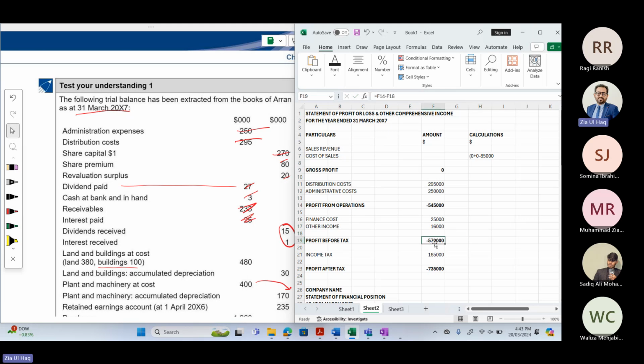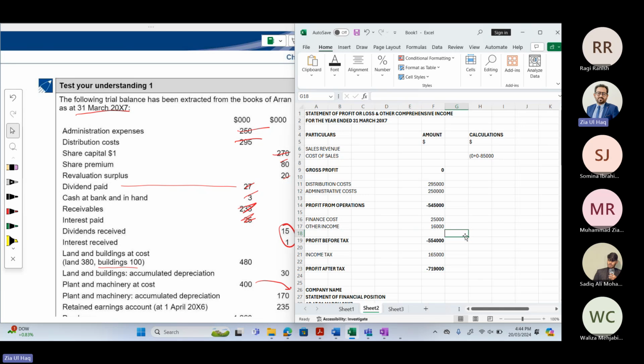Now we have calculated this. This means we need to add this as well in the formula. This means plus this other income. Then add this. Yes, this is F14 minus F16 plus F17.